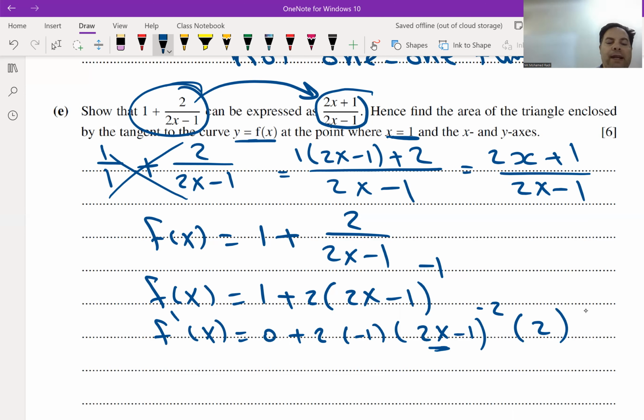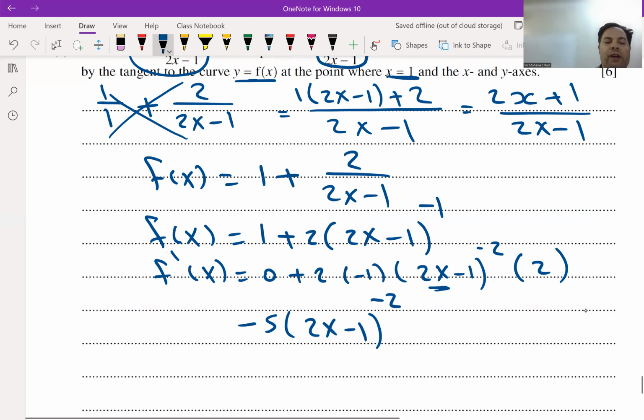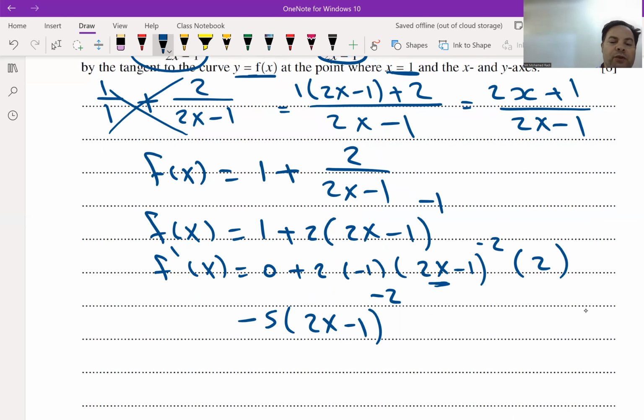Simplify, it's 2 times 2, it's 4. You can write it like this, negative 4 divided by (2x minus 1) all to the power of 2.